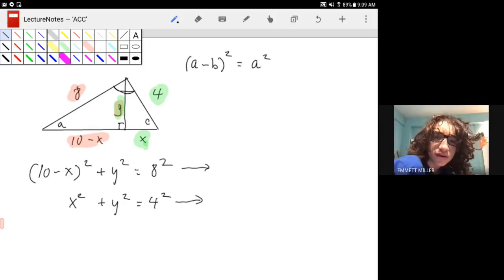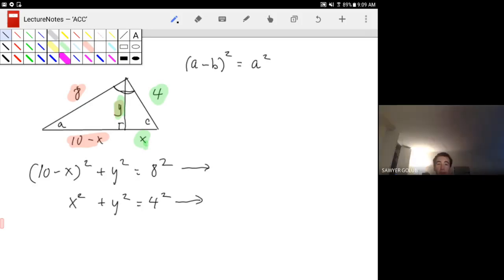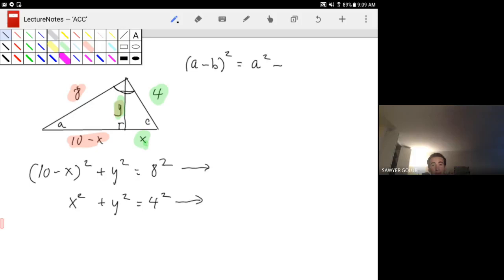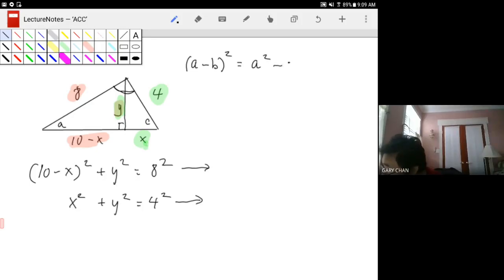A squared minus 2ab plus b squared. That's what it FOILs out to.